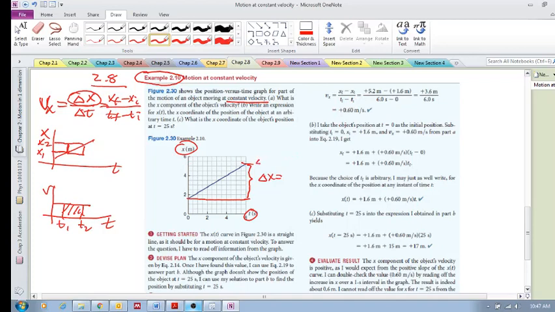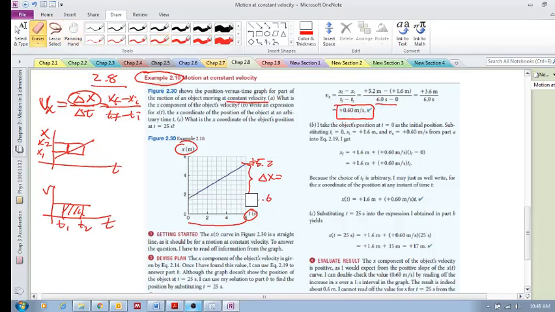This is 5.2 here, and this is 1.6. So delta x is 5.2 minus 1.6, and the entire time is 6 seconds. So you get 3.6 over 6, and your velocity is a constant plus 0.6 meters per second.